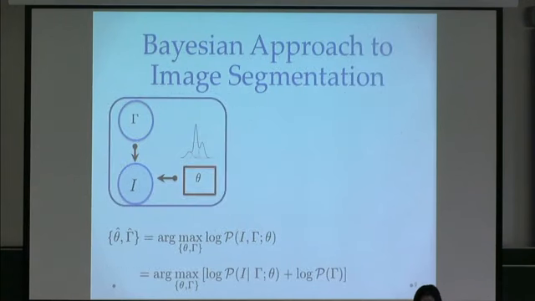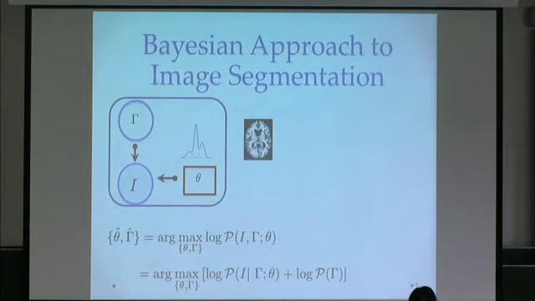So I would like to start with a Bayesian presentation of the image segmentation approach. We assume that the known variables are the image intensities, and we would like to maximize the joint probability of the image intensities and the segmentation in order to find the unknown variables, the labeling functions and the model parameters.